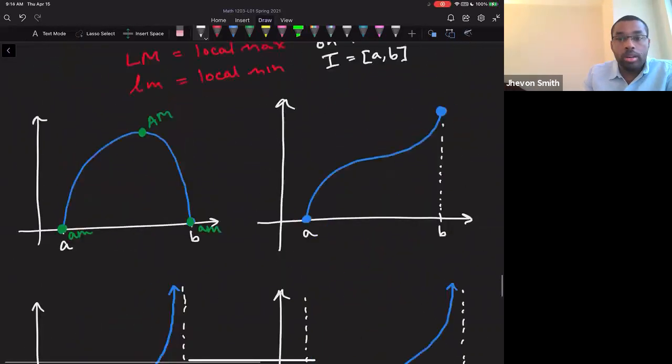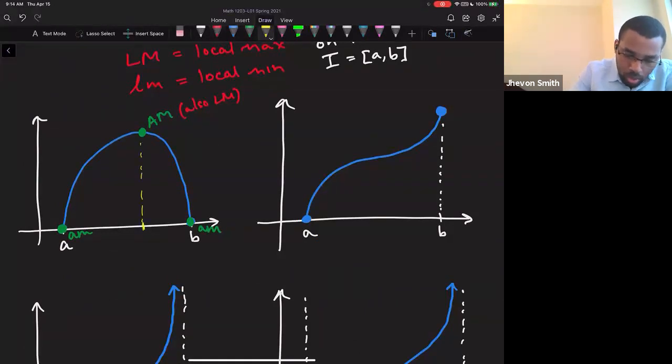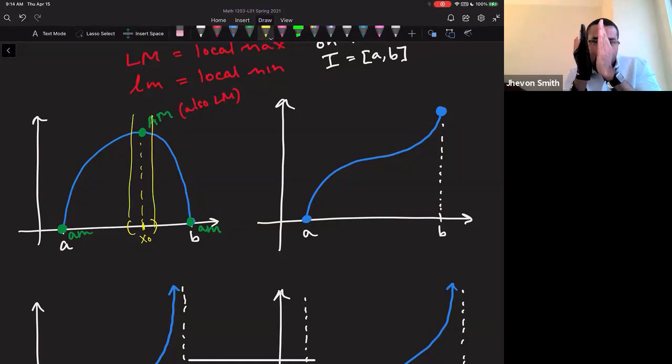So here, yes, it's an absolute maximum, but it's also local. Around that point, which is the x naught right here, if I were to open a little tiny window and focus my vision on that, pretend I have blinders on, I don't care about the whole AB, but that small neighborhood, then that point is also the largest point in that small neighborhood. It's the largest for every x value super close to x naught.